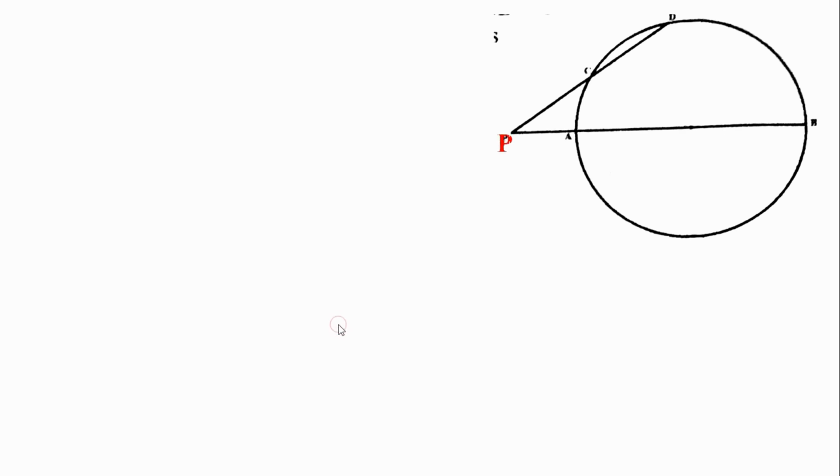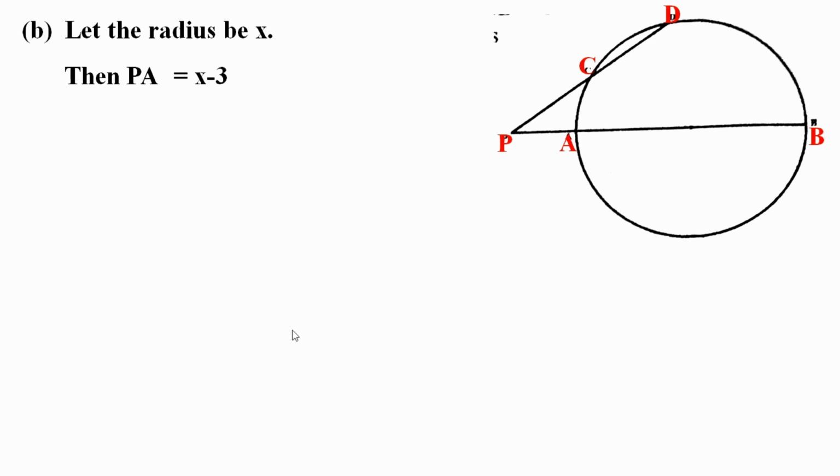Now we have to find the radius of the circle. Look at the figure. Let the radius be x. Given that PA is 3 centimeters less than the radius, so we can write PA equal to x minus 3.